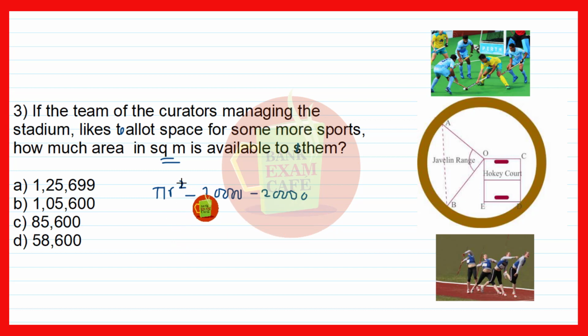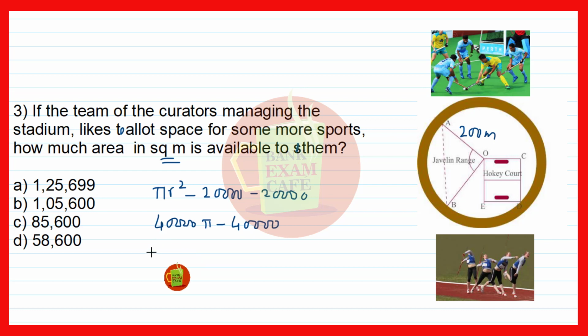What is r? The radius of the circle is given as 200 meter. So r square will be 200 square, and that will be 40,000 pi. So this will be 40,000 pi minus 20,000 minus 20,000, that is minus 40,000.